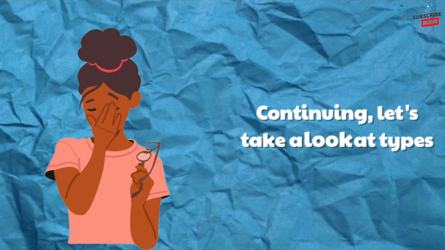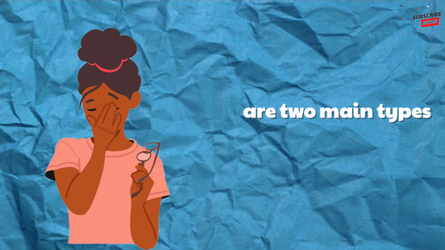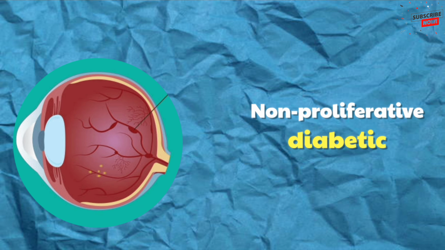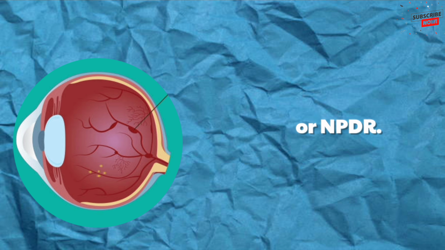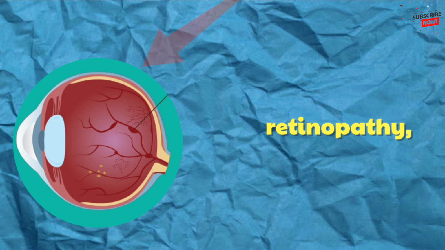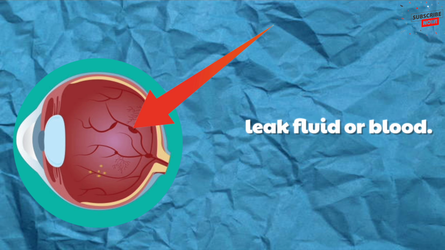Continuing, let's take a look at types of diabetic retinopathy. Generally, there are two main types of diabetic retinopathy. 1. Non-proliferative diabetic retinopathy, or NPDR. It is the early stage of diabetic retinopathy, where blood vessels in the retina are weakened and may leak fluid or blood.